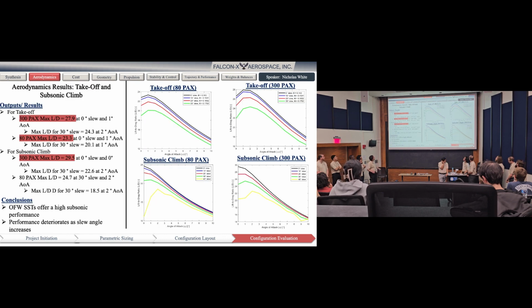Next slide. Going into our subsonic performance, for our takeoff at 80 pack and 300 pack, the 300 pack very much wins out with a 27.9 versus a 23.3 at zero alpha.